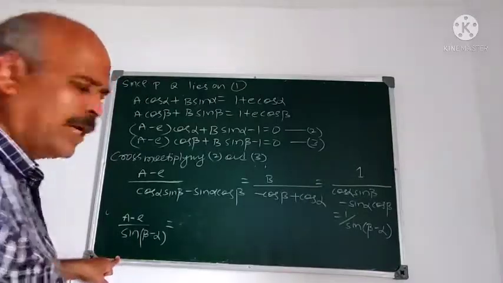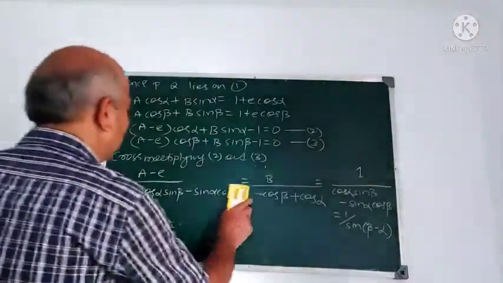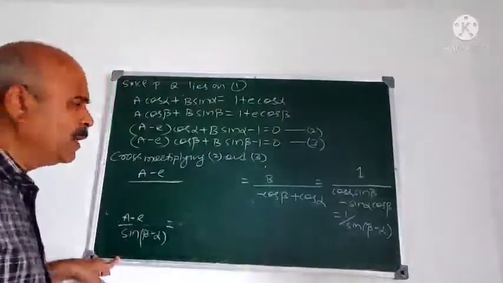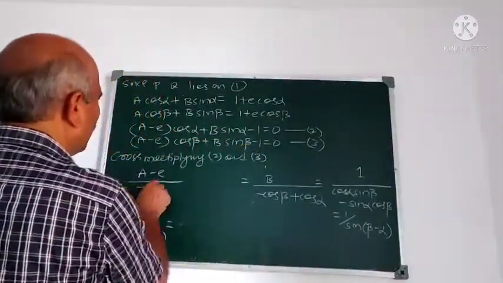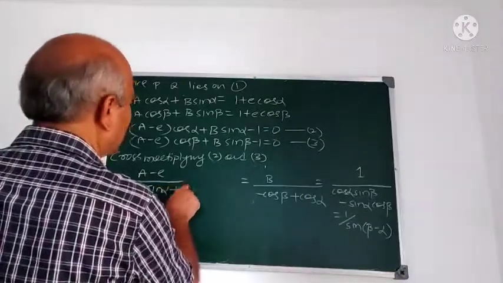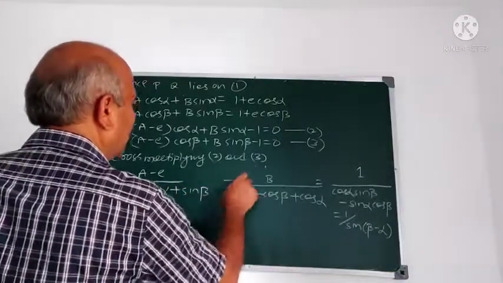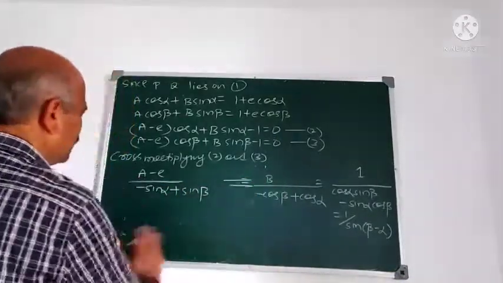A minus e by minus sin alpha plus sin beta is equal to B by this and this.